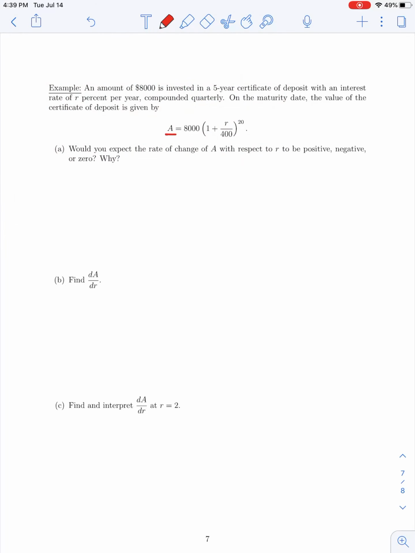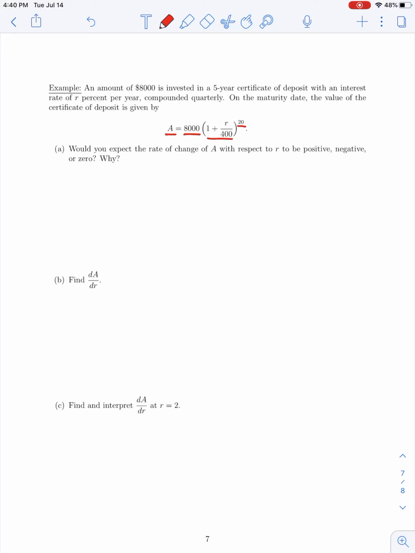Our future amount A is found by taking the principal amount of 8,000 and multiplying by 1 plus our rate, divided by 400, raised to the 20th, since we've got a 5-year deposit compounded quarterly, or 4 times a year. Recall the sort of formula that you had seen in your business math class.